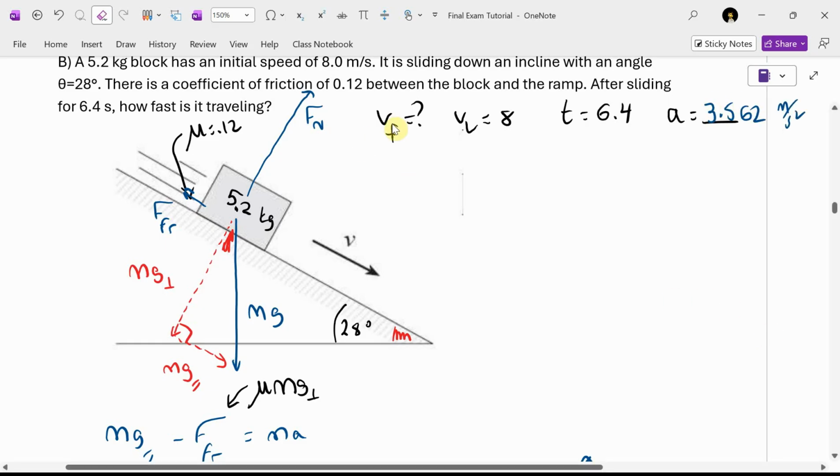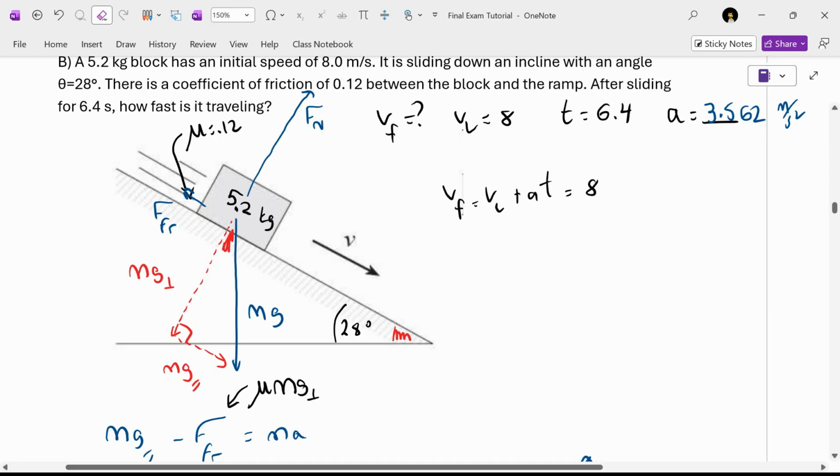Hey, Peyton, I'm looking for an equation that's got a vf, a vi, a t, and an a in it. There is one. And bonus, the vf's already by itself, so now it got a lot easier. Final step, vf is going to be vi plus at.